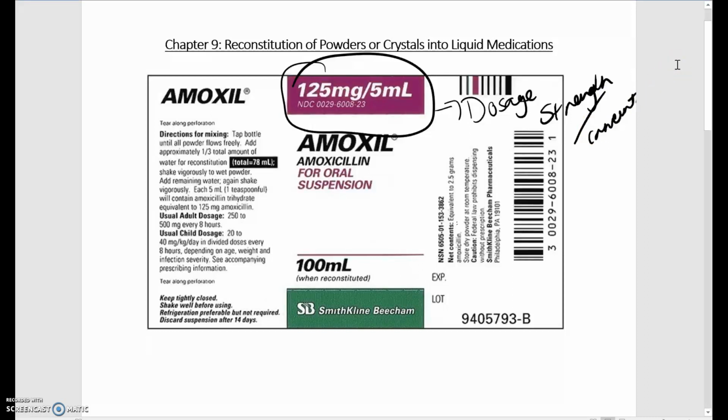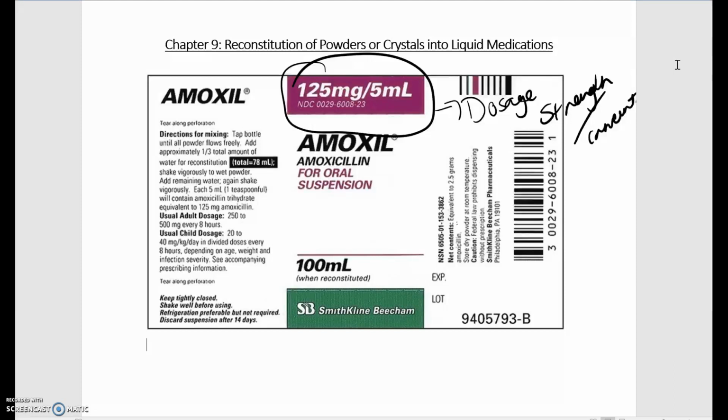Before I move on, what is dosage strength? What is the concentration when it comes to the reconstitution of powdered medications? If you have ever taken amoxicillin oral suspension, you received that medication from the pharmacy already in its liquid form.